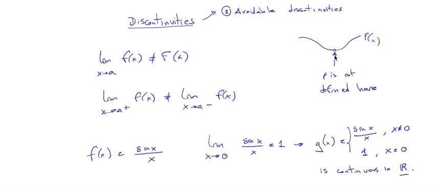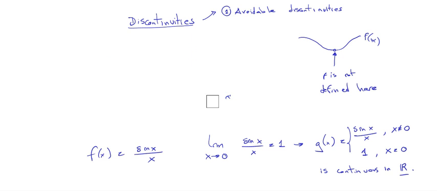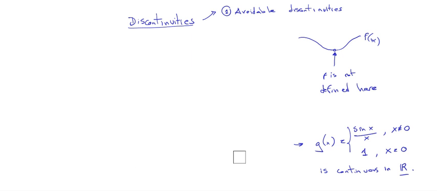Okay, so when that's the case, we can redefine a new function g, which is f in every point except in this hole, and then the value of the limit at this point, and then that new function will be continuous, and that's why we call it avoidable discontinuities.